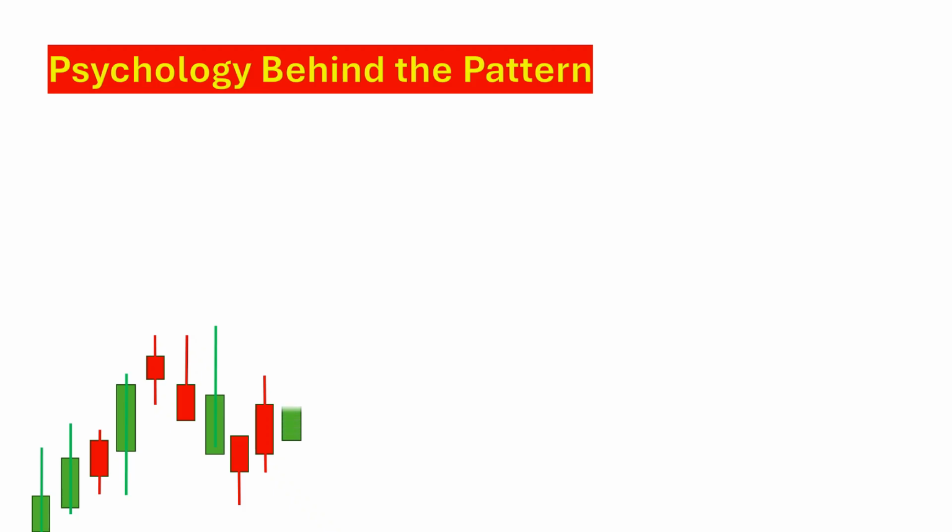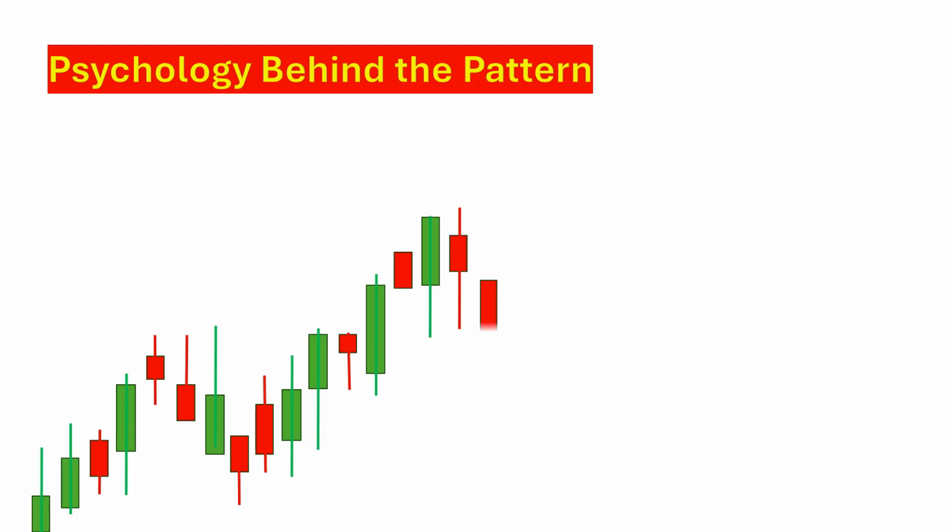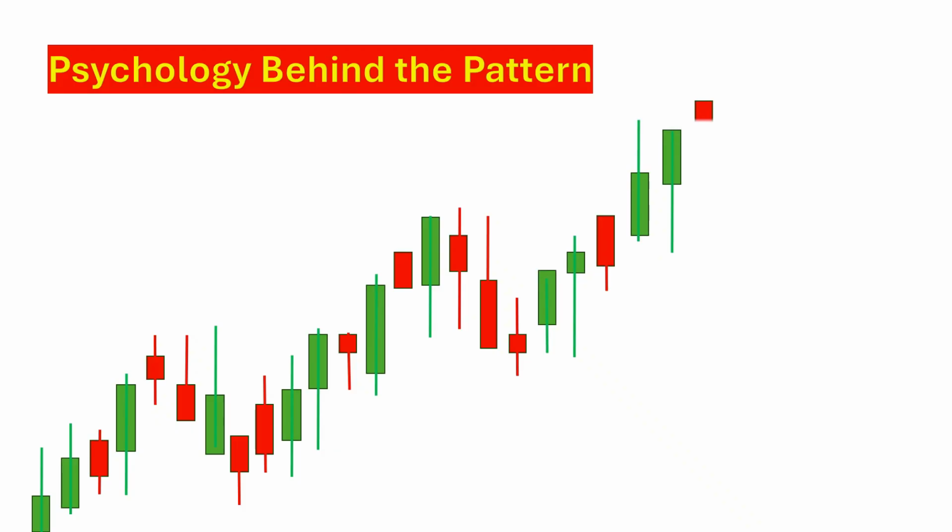Psychology behind the pattern. After a strong upward trend, everyone is bullish. The price opens high but then falls sharply during the session, meaning sellers entered aggressively. Later, the bulls try to recover the price, pushing it back up. But the long lower shadow tells us the truth.